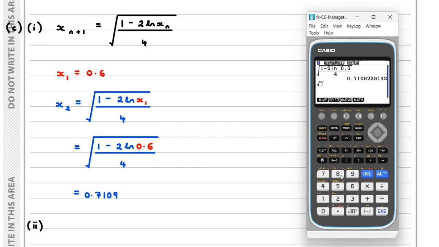So now we have the square root of 1 subtract 2 lots of the natural log of the answer function over 4. And if I execute and then continue executing, you can see eventually we converge to 0.6776 to 4 decimal places. So alpha is equal to 0.6776.